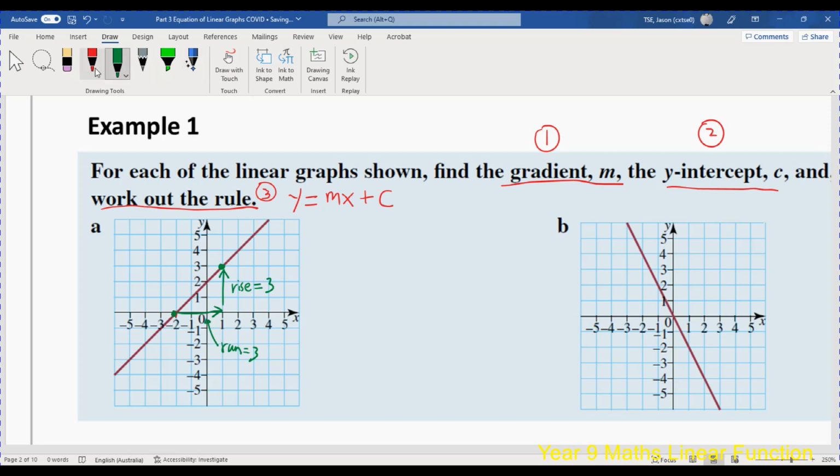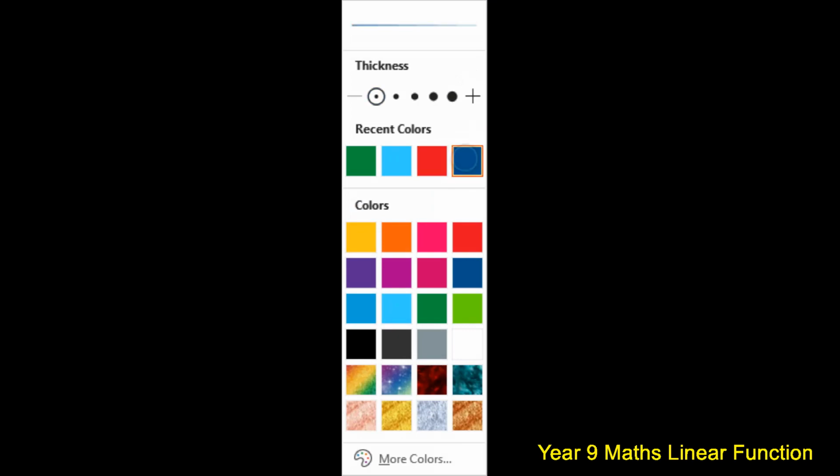Okay, so how can we find the gradient? Gradient equals rise over run. So it should be 3 over 3. It should be 1. Secondly, how can we find the value of c? C is y-intercept.